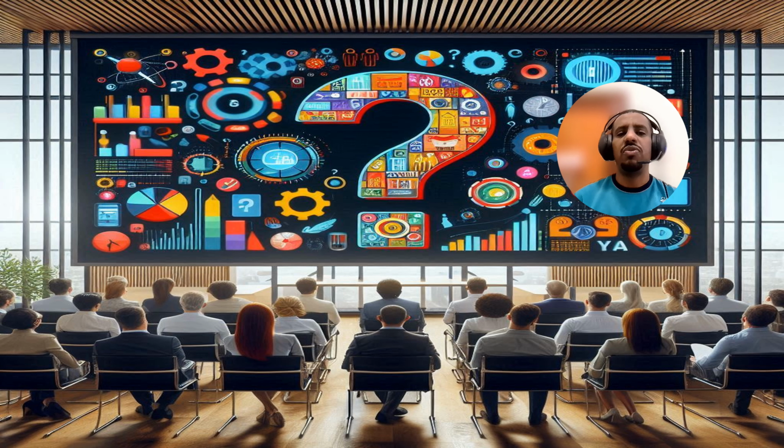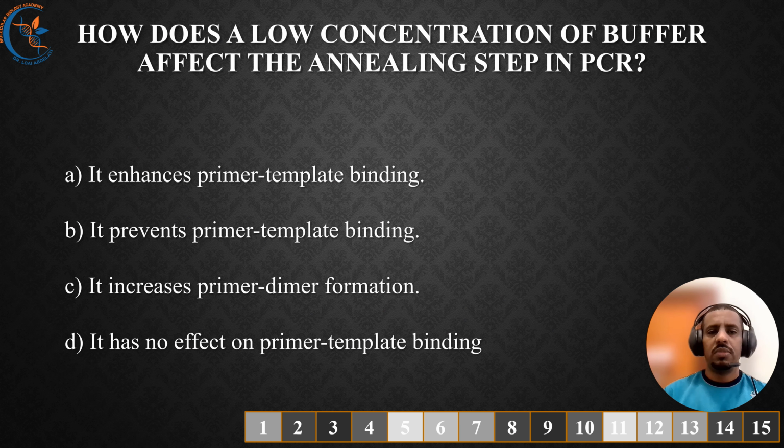So now let's move to the question part and see the first question we have today. How does a low concentration of buffer affect the annealing step in PCR?